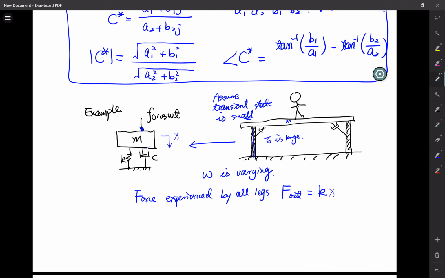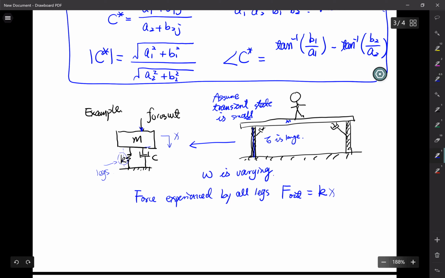Because we assume that your table leg is like a rod. So I think in lecture 4, we assume that the rod can be simplified into a spring, which is your K in your lumped parameter model. And then the force experienced by the leg is just K times X, the spring coefficient times the deformation.